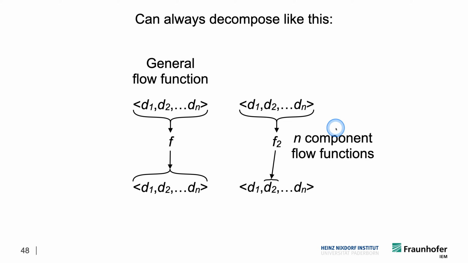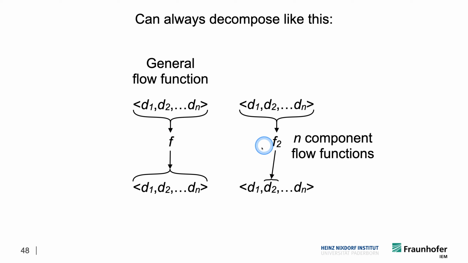What I showed you in the beginning is that in a general flow function, the output values can depend in any way on the input values, right? That only needs to be a deterministic relationship. But now we assume that we can deconstruct the flow function into a number of component flow functions.